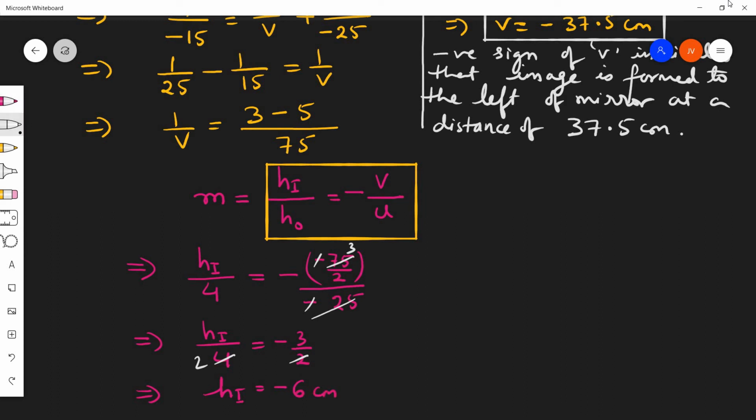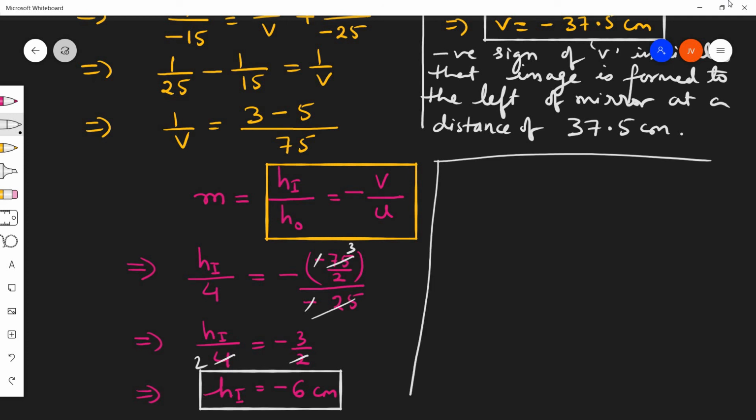So once we found the size of image is minus 6 centimeter, that conclusion may not be correct. Size of image is 6 centimeter. Our conclusion will come in another way, which I am writing here on the right side.